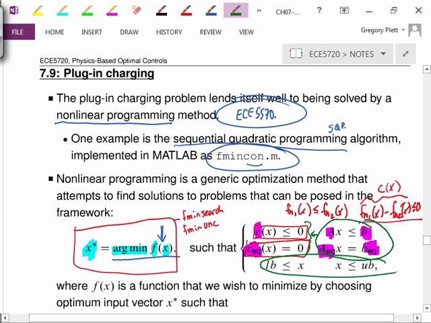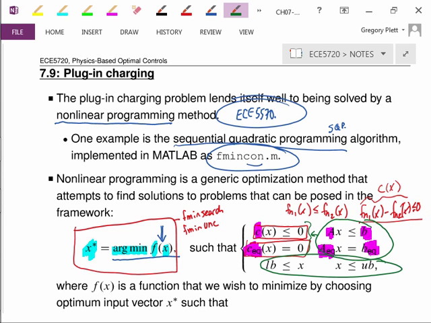And finally, we have that x must be bigger than some lower bound and less than some upper bound, which is a different constraint directly on x. And that's it. That is the framework for nonlinear programming that is solved by fmincon.m.